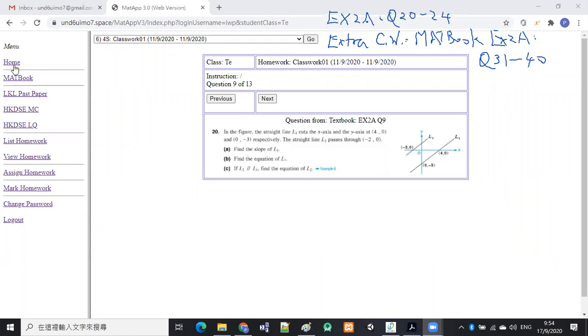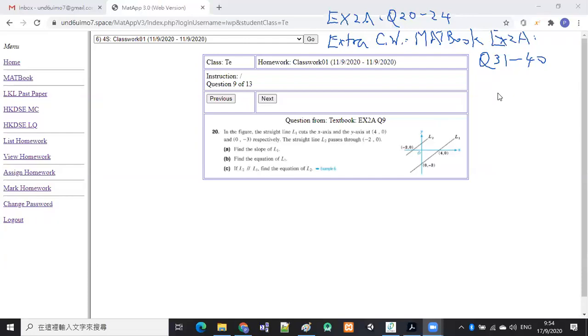In the past few lessons, we were talking about finding the equations of straight lines. When a question gives you different conditions, different information, you may need different techniques to find the point and to find the slope. But all you need to do is find a point on that straight line and find the slope of that straight line.